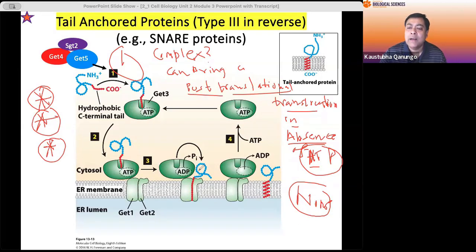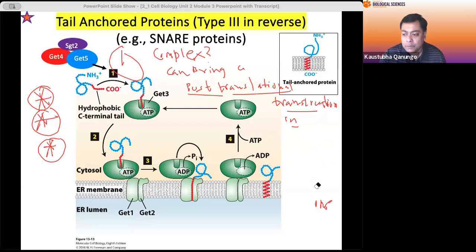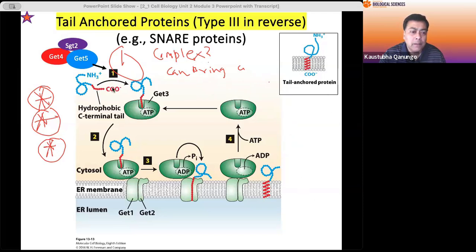The second one gets everyone. The second one is more tricky, so I'm just going to draw that. In the second one, I'm just changing the word. Again, which complex can do co-translational translocation in the absence of GTP?